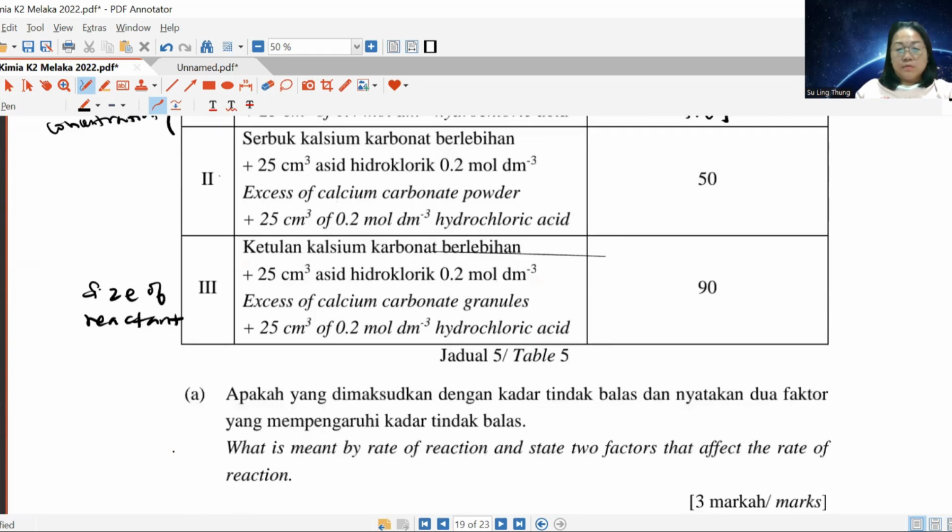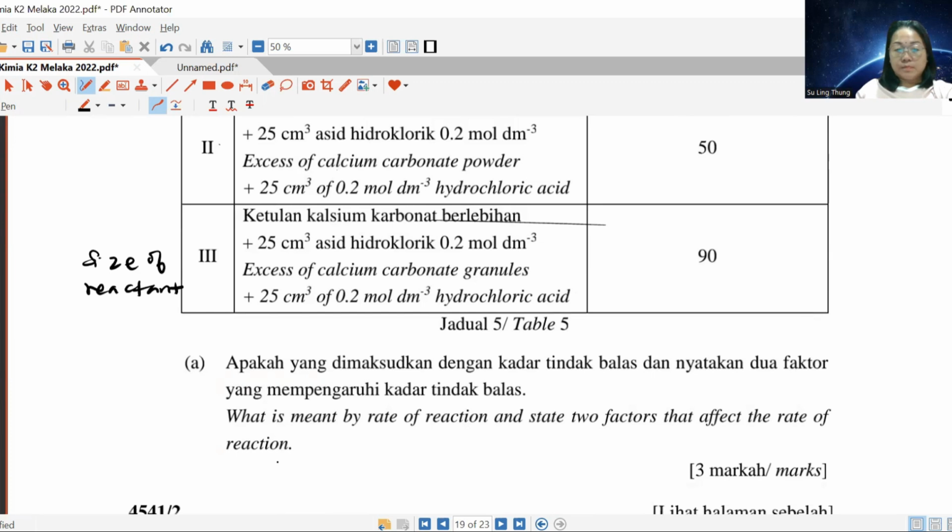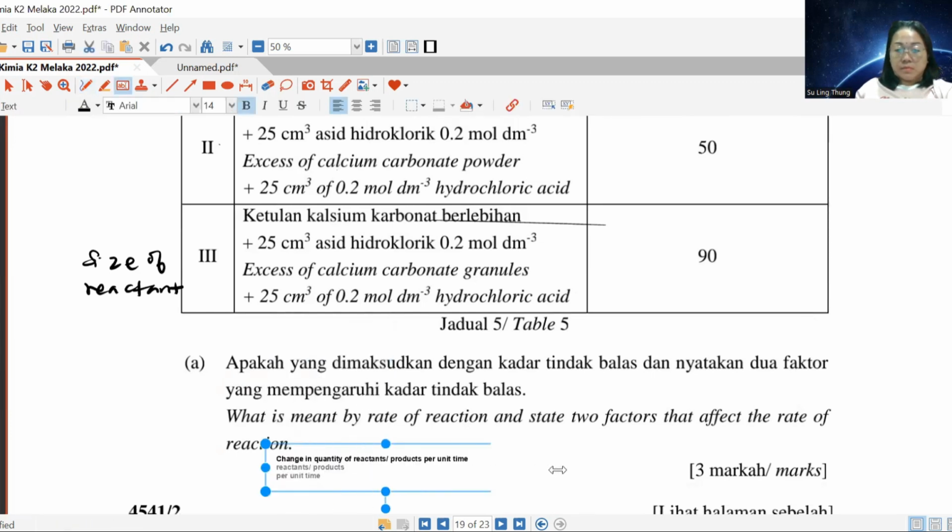Okay, so what is meant by rate of reaction? The meaning is the change in quantity of reactants per unit time. So you must have the words per unit time because that indicates actually this is the rate of reaction.